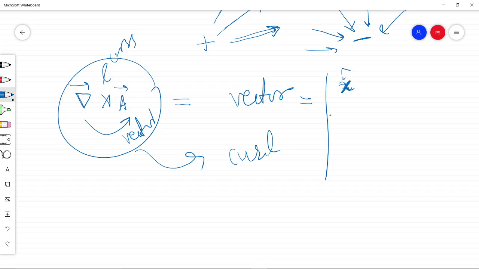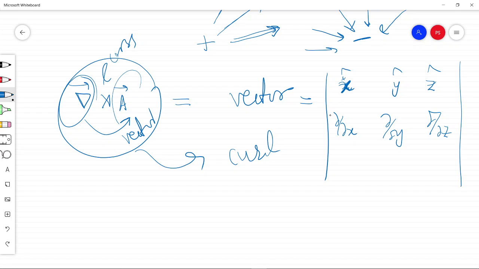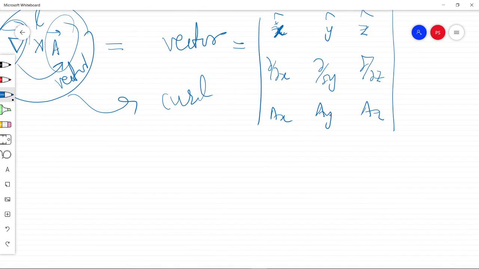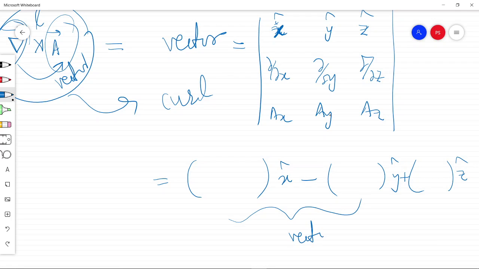So we write it as x cap, y cap, z cap, the three components of the first vector, dou by dou x, dou by dou y, dou by dou z. Then the third row of this determinant would be the three components of the second vector, ax, ay, and az. Now this determinant can be expanded and solved, which will have three components, and the resultant is going to be a vector.